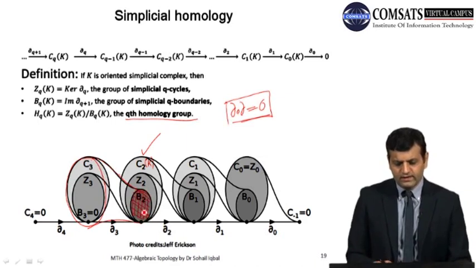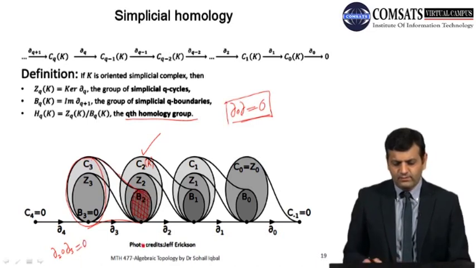Now this B_2, as we can see from the picture, is contained in Z_2. Why is that the case? Because the composition partial composition partial is 0. In other words, partial 3 composition partial 2 is 0.